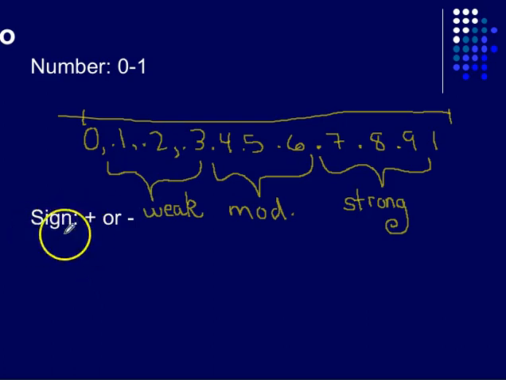Down here you see that the number also has something else that goes with it that tells us the direction. So the direction is indicated by a plus or a minus sign. The plus sign would mean that it's a positive correlation, and the minus sign would mean that it is a negative correlation.